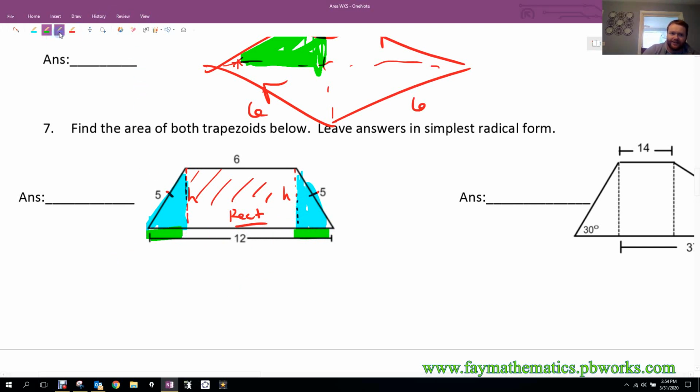Once you have that green distance, you also have that 5. This is a right triangle here. You have that 5, that green distance, and through the Pythagorean theorem, you should be able to find H. And then remember the area formula for a trapezoid is that.